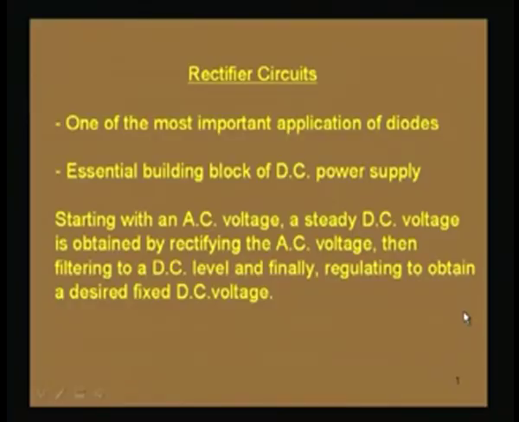Then there is a filtering circuit to smoothen out the pulsating DC voltage which we get after rectification, and then a regulator circuit finally keeps it at a constant voltage level. So, starting with an AC voltage, a steady DC voltage is obtained by rectifying first, then filtering to DC level, and finally regulating to obtain a desired fixed DC voltage.